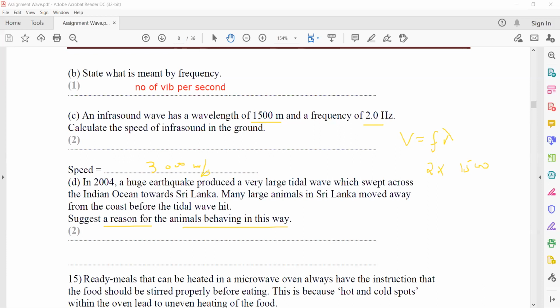So animals have a different audible range, and that infrasound travels faster, so it was detected earlier by the animals.